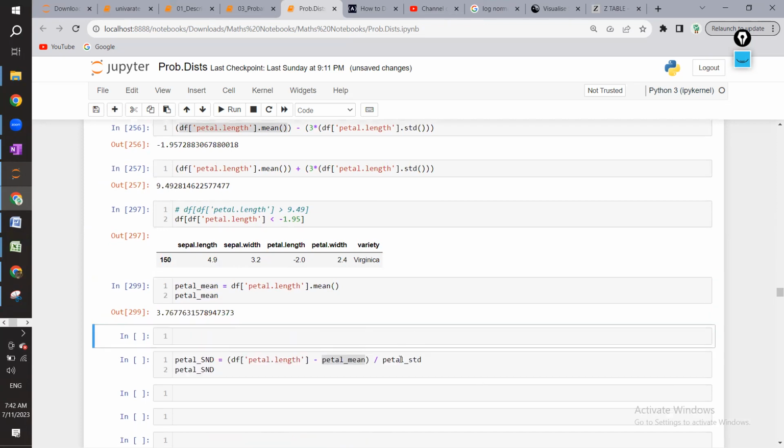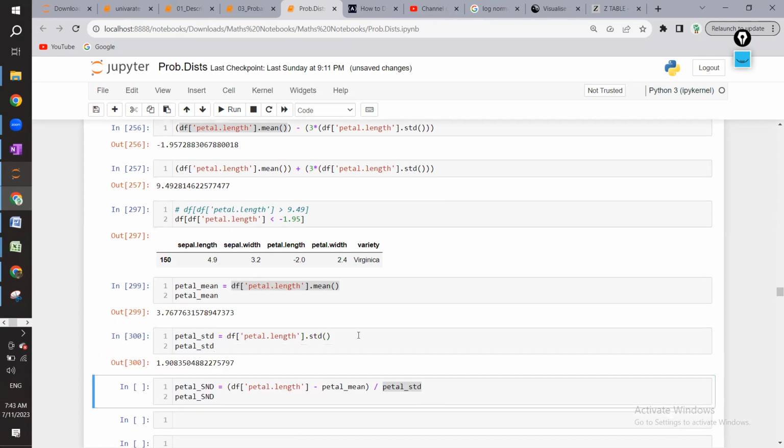And the petal standard deviation will be this. This is the mean, this is the standard deviation.